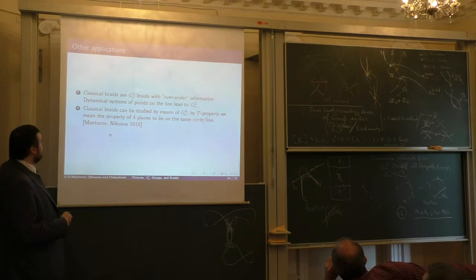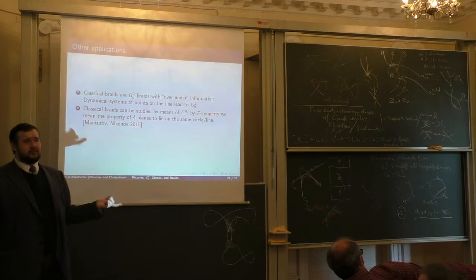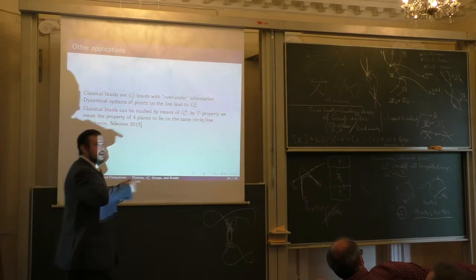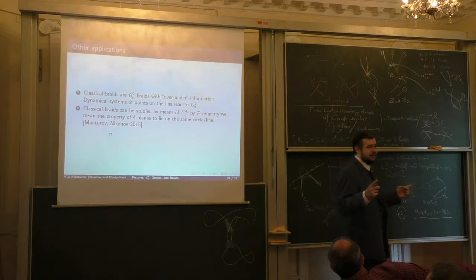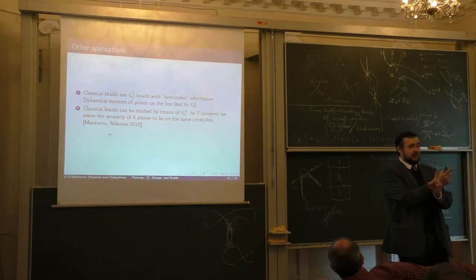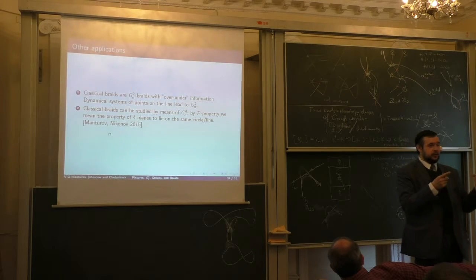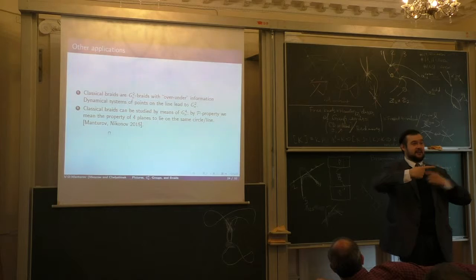Well, in fact, classical braids can be thought of as GN2 braids because we have a dynamical system of points on the line. We have certain points on the line which may go through each other, but if they go through each other and we want to have a braid, not just a permutation, we keep some over-under information.